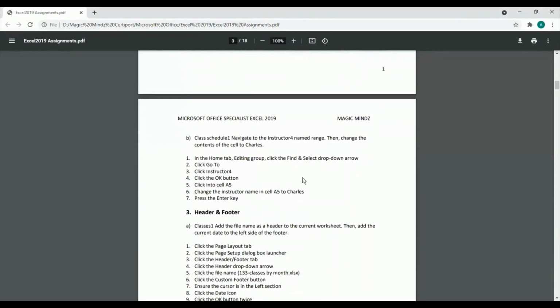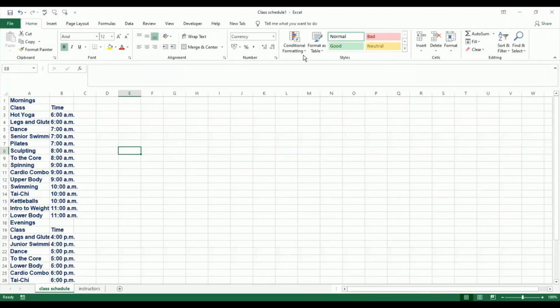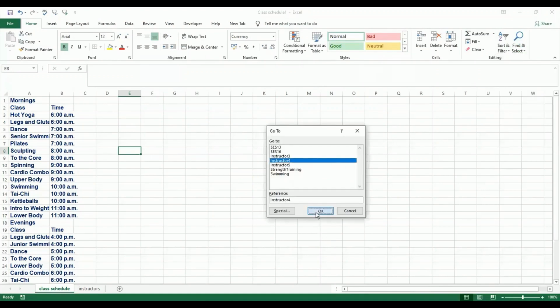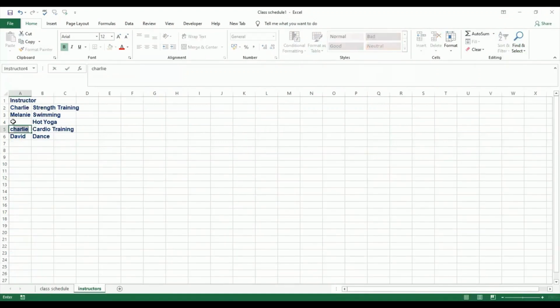So now it's very easy. He's telling us to go to instructor number 4. So I will go to Find and say Replace, sorry, not Replace. You can't do Replace here. You do Go To, and go to instructor 4, and unfortunately Charlie will become Charles. Physical entry, done.